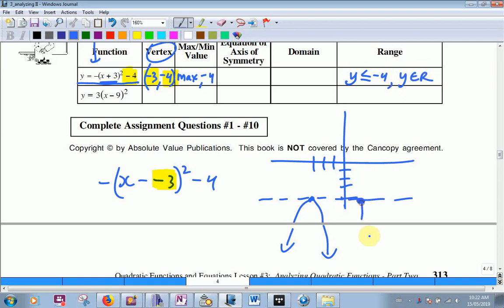Everything from here down is my range. Because it got flipped with that negative, now this sign's going to be opposite. Axis of symmetry. Up above in the notes, it said wherever the x-coordinate of the vertex is, negative 3, that's the same as the axis of symmetry. Okay?